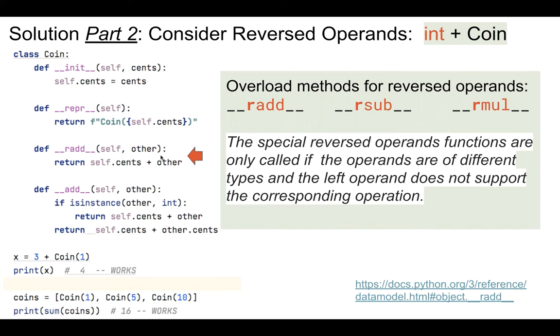So it's 3 plus coin. Otherwise, I can have the format to have the coin plus an int, or a coin plus a coin. So the overload methods for reversed operands have the R in front of it: R add, R sub, R multiply. The special reverse operand functions are only called if the operands are different types and the left operand does not support the corresponding operation.